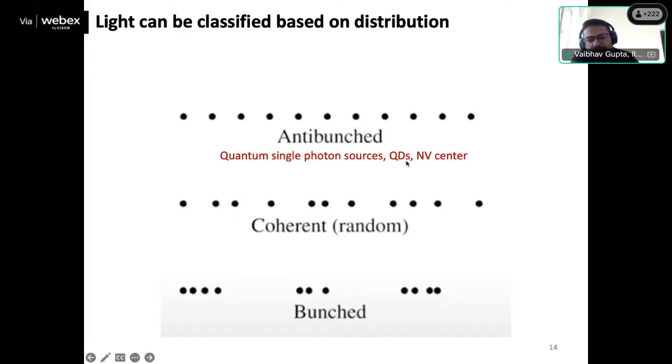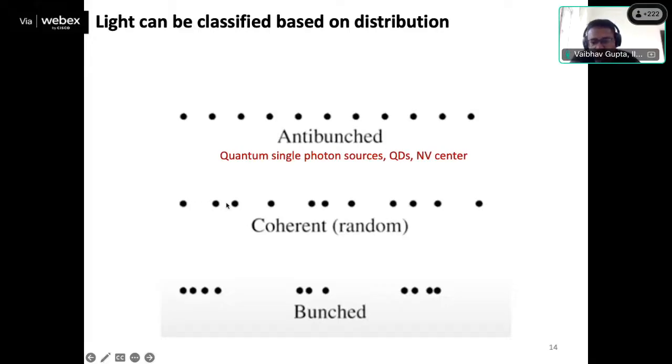And you can achieve these kinds of light sources using quantum dots or 2D materials or NV centers. And you will see that there is no fluctuation. Every photon is equally spaced. Once you go to coherent light sources, for example, laser, you will see that some sort of randomness is there.